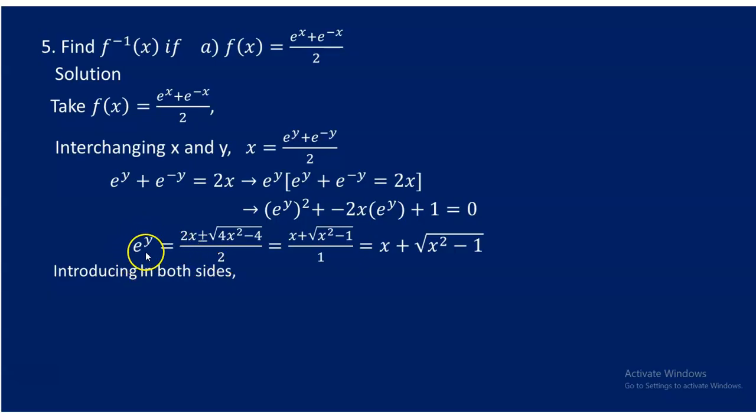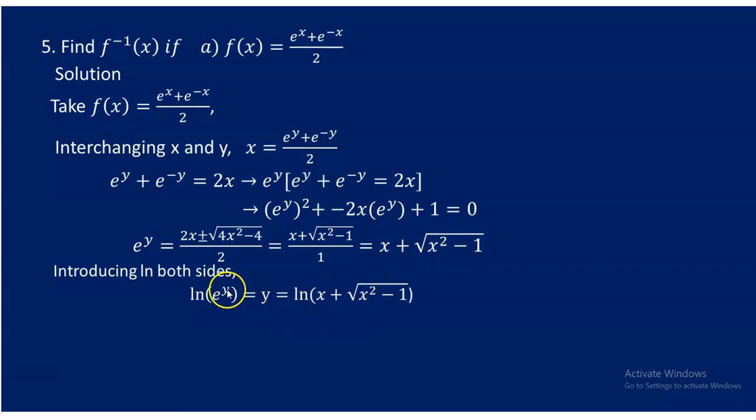A logarithm to the base e must be introduced to both sides. As you studied before, logarithm to the base e is the natural logarithm, and it is called ln. So we can introduce ln on both sides, students. Introducing ln on both sides, one can obtain this: ln e to the power of y is equal to ln of this expression.